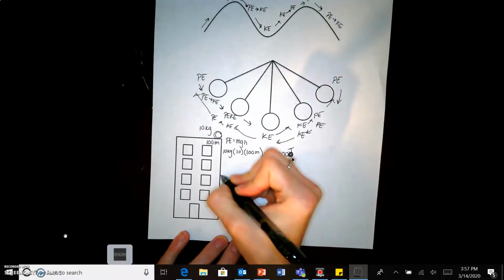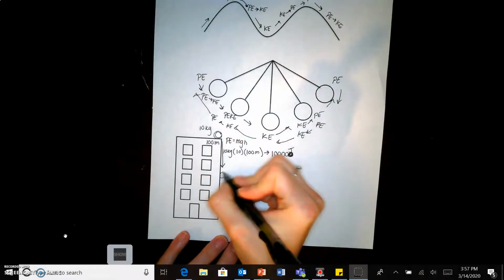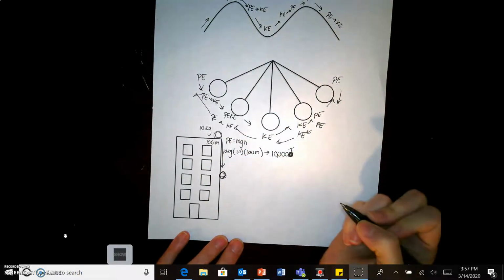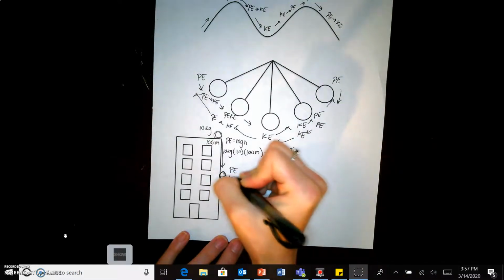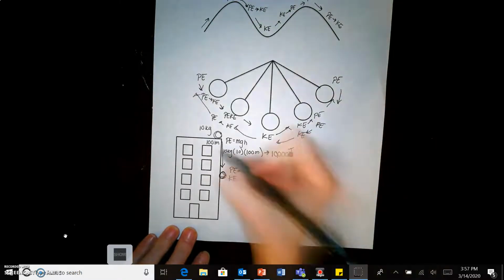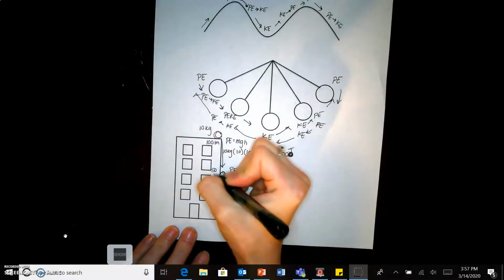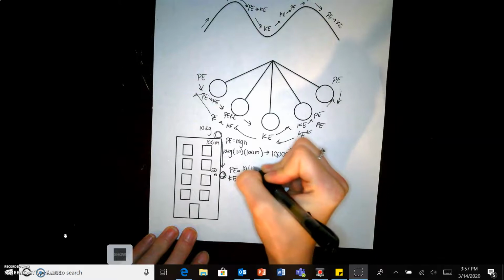Now we can look at, let's say the ball is now falling and it is halfway down the building. We're going to be looking at its potential and now its kinetic. So halfway down, meaning it is now only 50 meters above the ground. So again, its mass would be 10. The gravity is always 10.